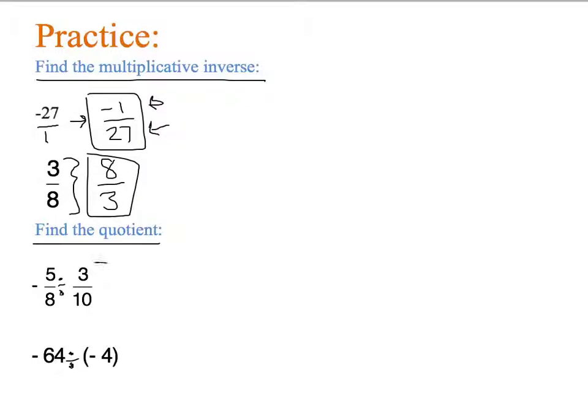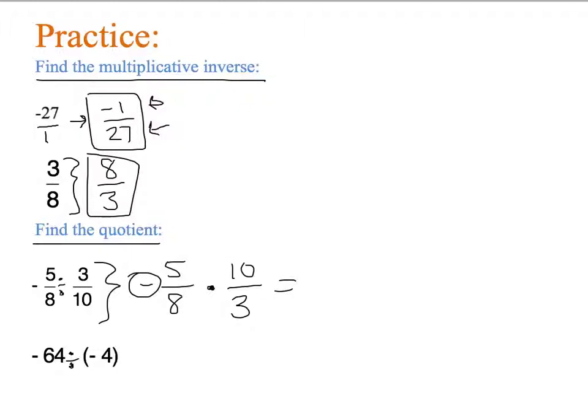So if you remember in our previous slide, we were told that you use the multiplicative inverse of your second number. So you take the first number, which is -5/8, and now instead of dividing, we multiply by the multiplicative inverse, which is 10 over 3. Now you multiply across. Make sure that you remember your signs here.